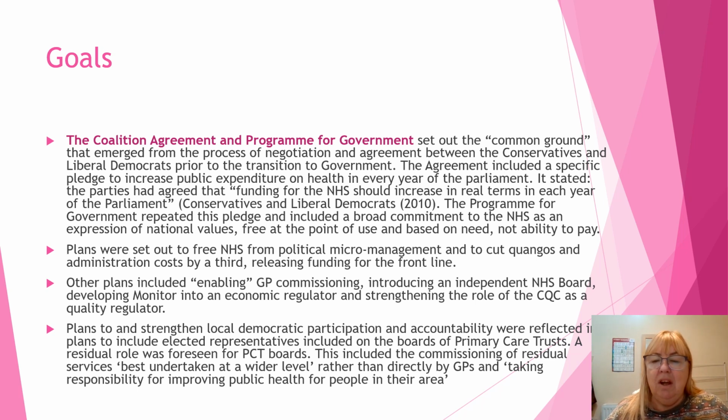They also wanted to cut quangos, these organised groups that work for the government, to remove some of these advisory groups, and to cut administration down so that more money is for the frontline staff, which makes a lot of sense. And of course, when people heard it, they were quite happy about it.